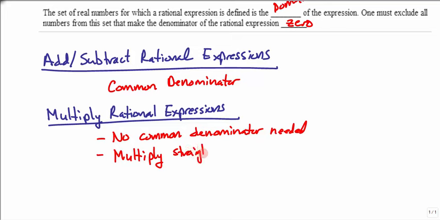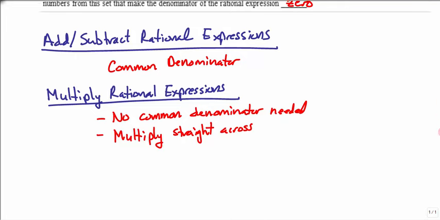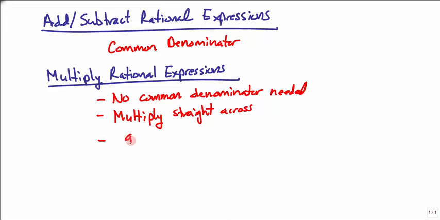One thing that you do need to be careful of is you always reduce when you're done multiplying, or you can reduce before you multiply as well. One way to look at this is if we had A over B times C over D, I would multiply straight across: A times C over B times D.